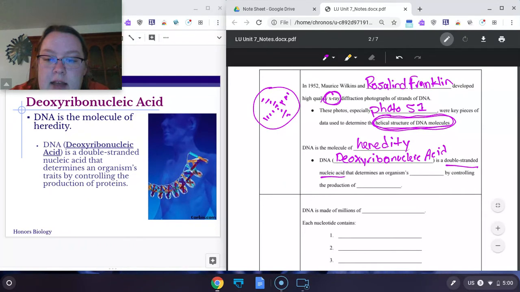It's a nucleic acid that determines an organism's traits by controlling the production of protein. So DNA, deoxyribonucleic acid, is a double helix. Its job is to contain genes that are going to make proteins that give us traits.